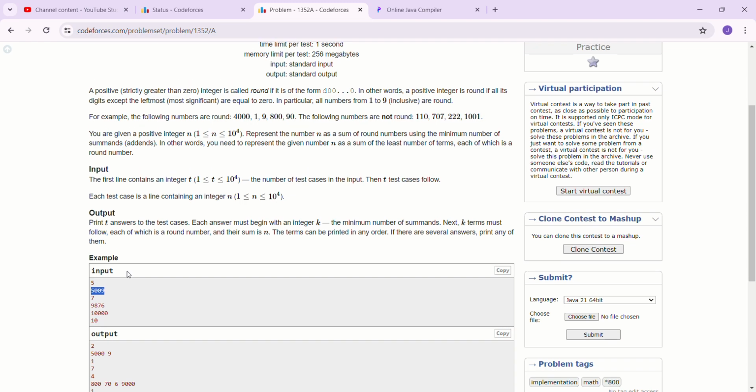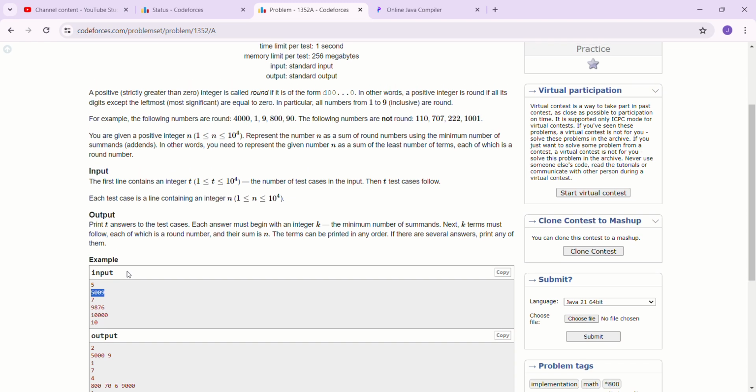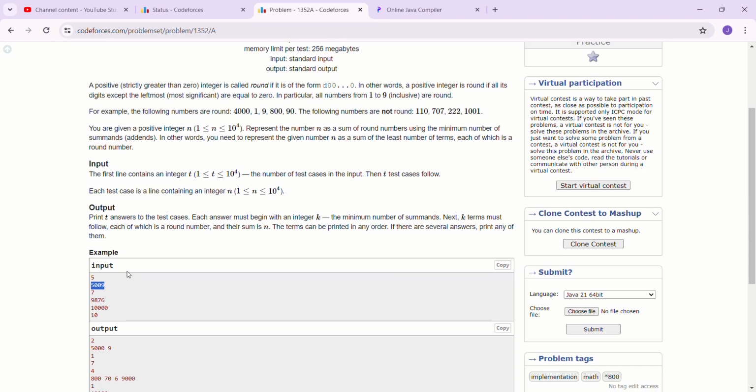Got it? So how will we do this? We will divide the number by 10 and get the remainder. Here the remainder will be 9, which is at the ones place, so it will be multiplied by 1 and stored in an array list.